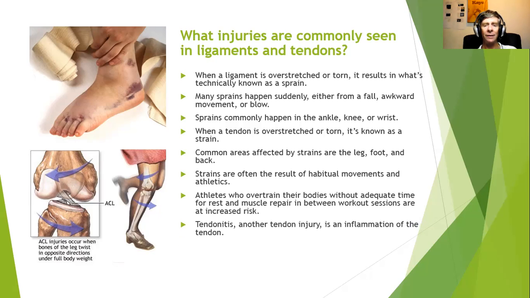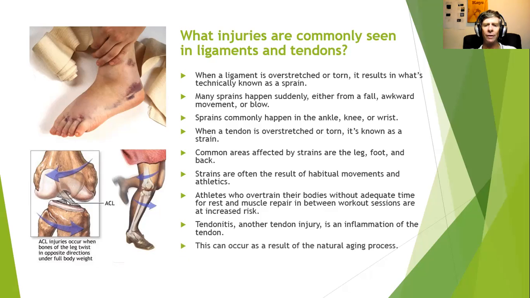Tendonitis, which is another tendon injury, is an inflammation of the tendon. And you can see that in the word by seeing tendon, obviously referring to these tissues. And itis, anytime you see the word itis, it means inflammation. That often happens with repetitive strain injuries.